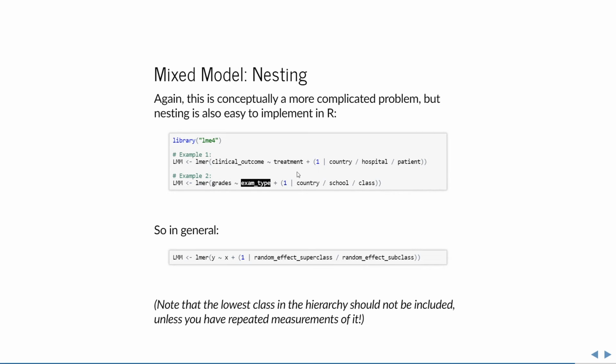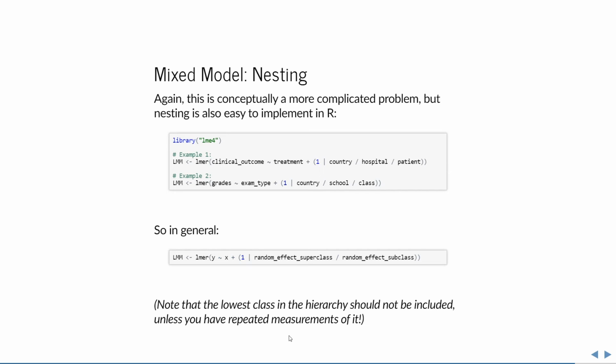And we have students nested in classes, nested in school, nested in the country they come from. So at this point, you're probably wondering, okay, if students are in classes, why aren't students over here at the end, slash student? And the reason is, if we don't have repeated measurements of students, then that's not a random effect. That's just one true replicate. So that's this note at the bottom.